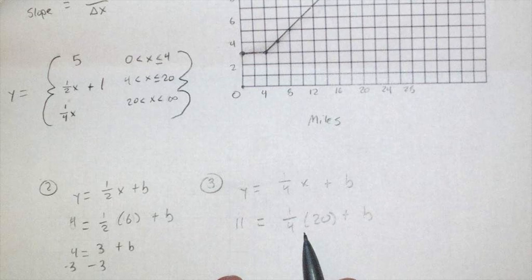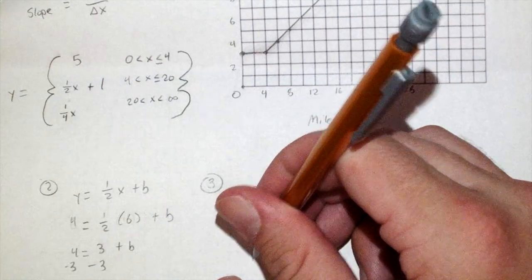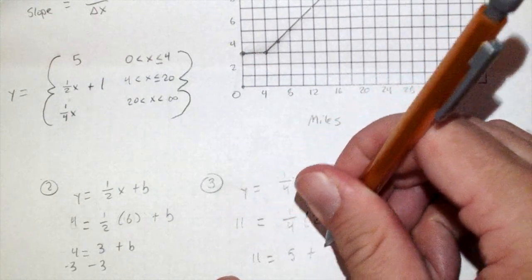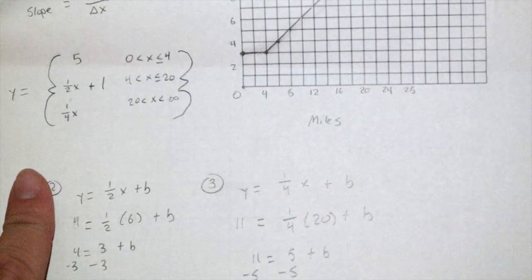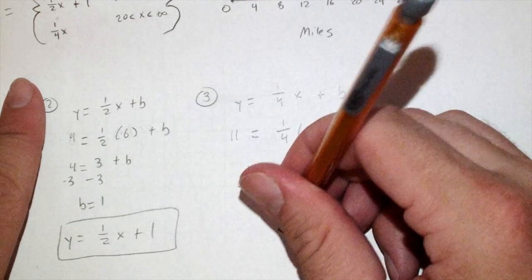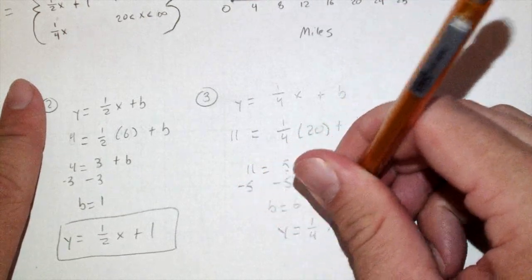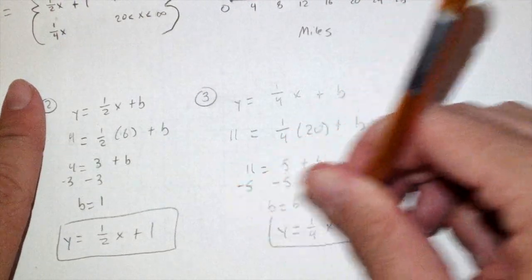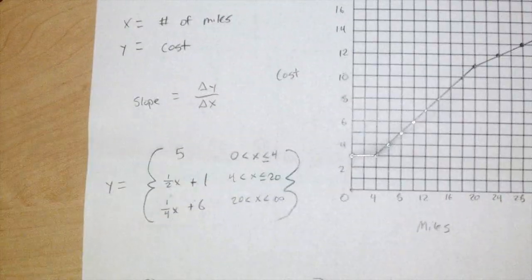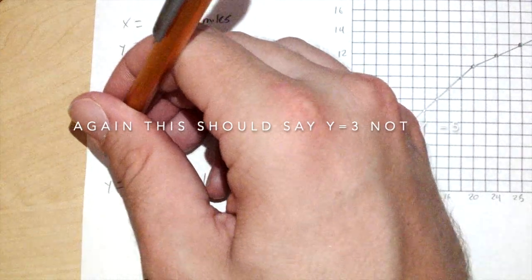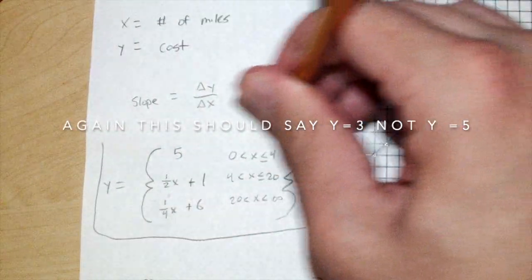So this is 1/4 times 20, or 20 divided by 4, so we're looking at 5 here. Okay, so this is b, but this is the equation.